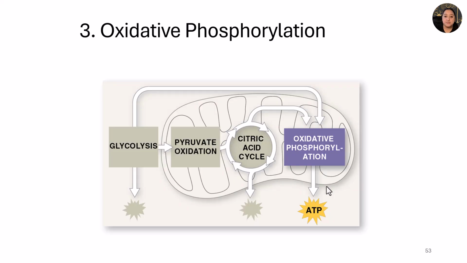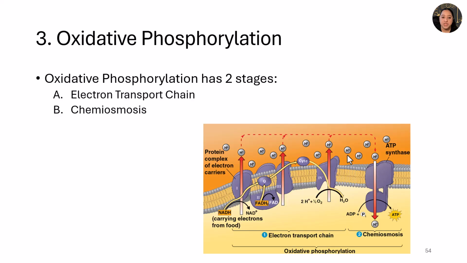So then stage 3 is oxidative phosphorylation. It's a mouthful. This is oxidative, and then you're going to phosphorylate something. Oxidative phosphorylation actually has 2 parts, 2 stages. There is the electron transport chain and chemiosmosis. Together that makes the whole process of oxidative phosphorylation.